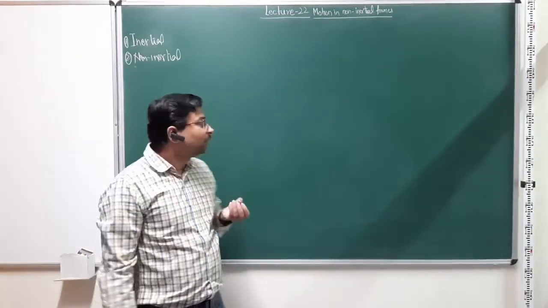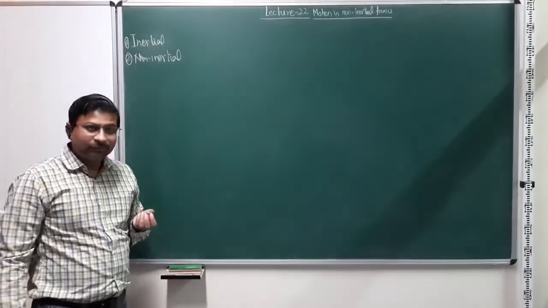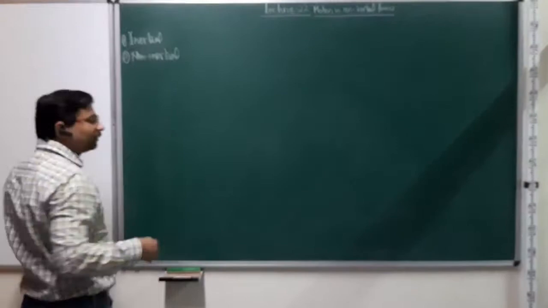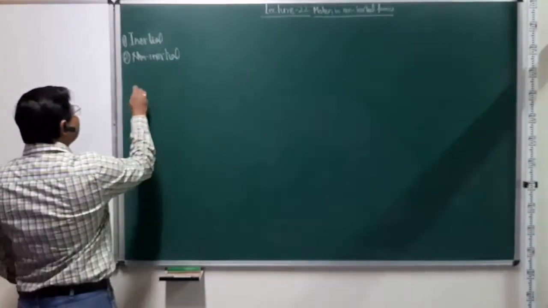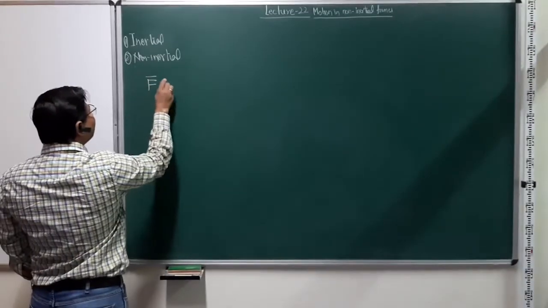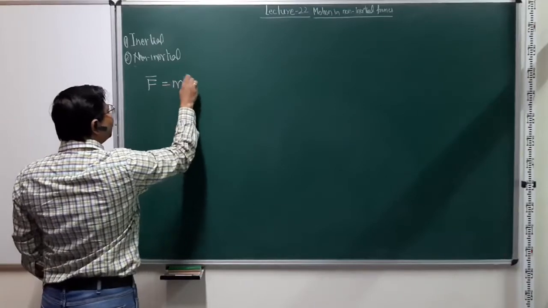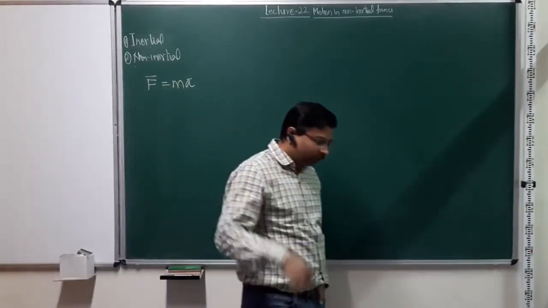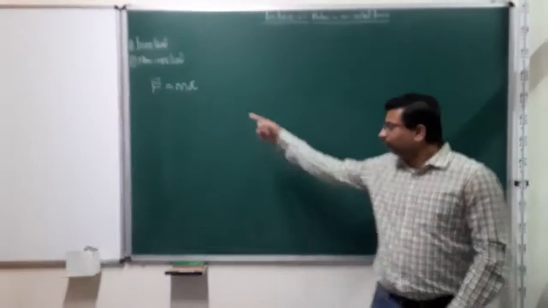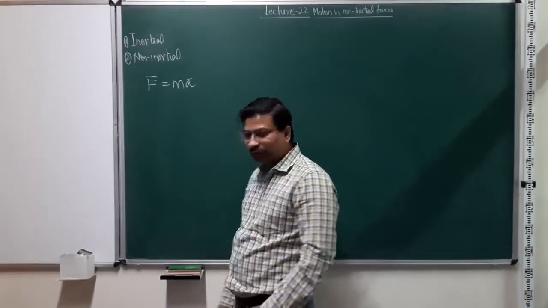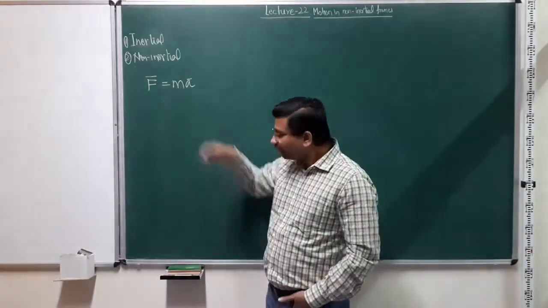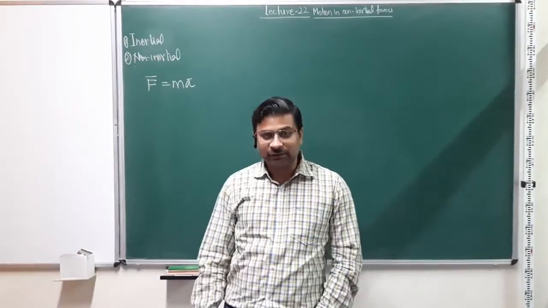So now the evolution of any system is governed by our governing equation of motion, which is F equal to ma. So this is the equation of motion in general. And then we also wrote it down for the rotational motion. But anyway, right now we are not interested in that distinction between translation and rotational.